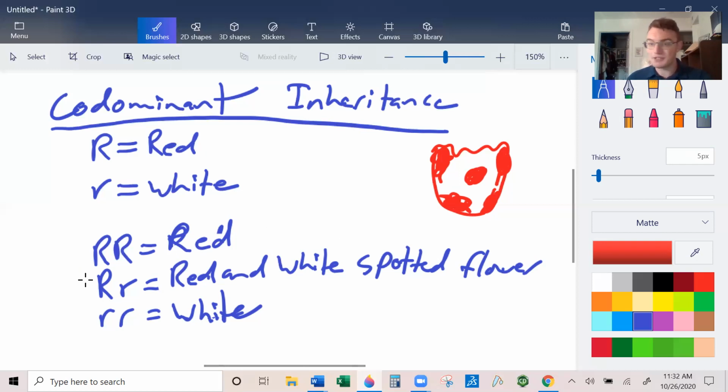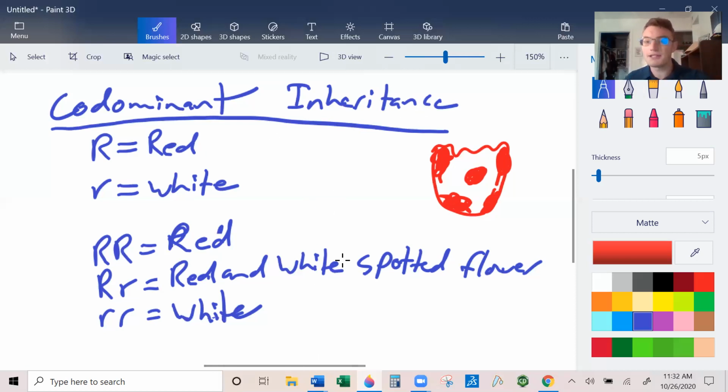The only difference between a codominant problem and the ones we did last week, which are known as complete dominance, where one allele totally overpowers the other one, is what a big R little r means. Instead of being whatever the dominant allele is, the phenotype is spots of the big one and the little one.